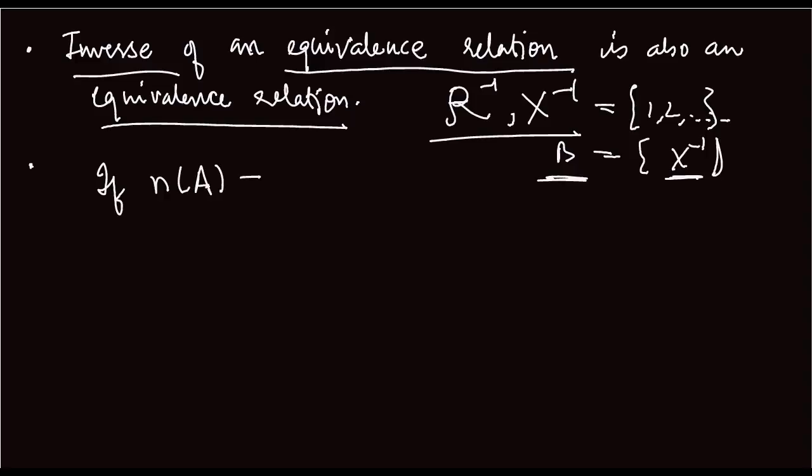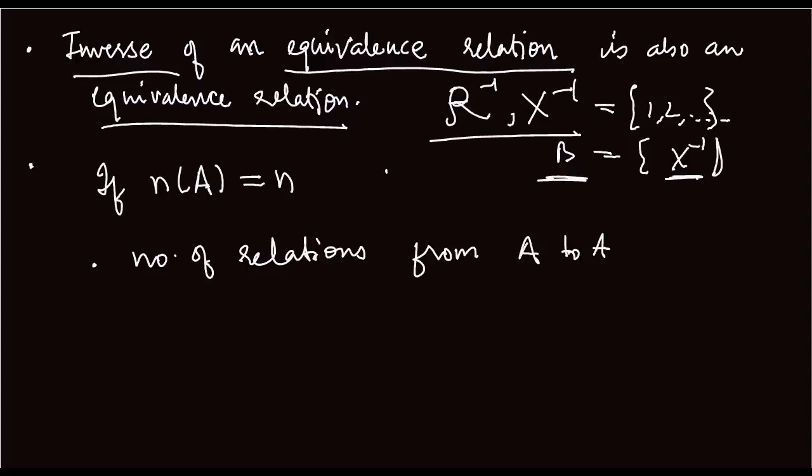Next point, if the cardinal number of set A is n, then the number of relations from A to A, let's say this is set A, this is also set A, the number of relations from this set to this set, these are the relations R. So the number of relations from A to A will be 2 to the power n square, that is 2 to the power n to the power 2.